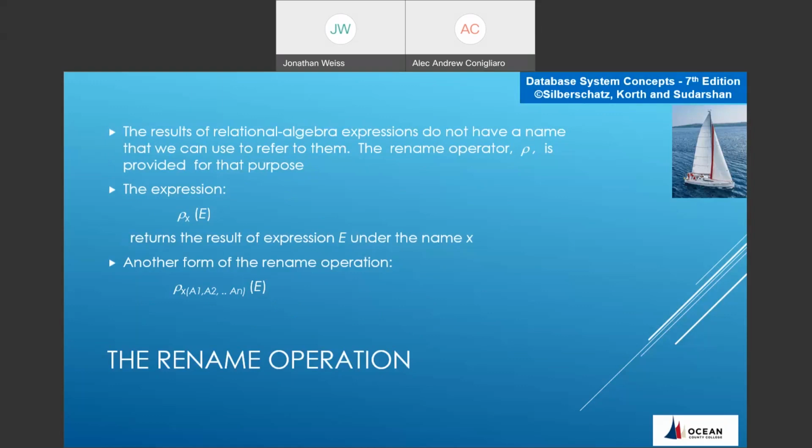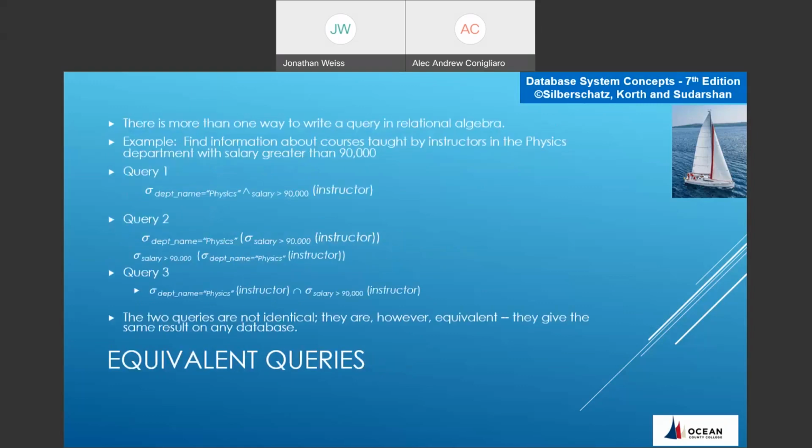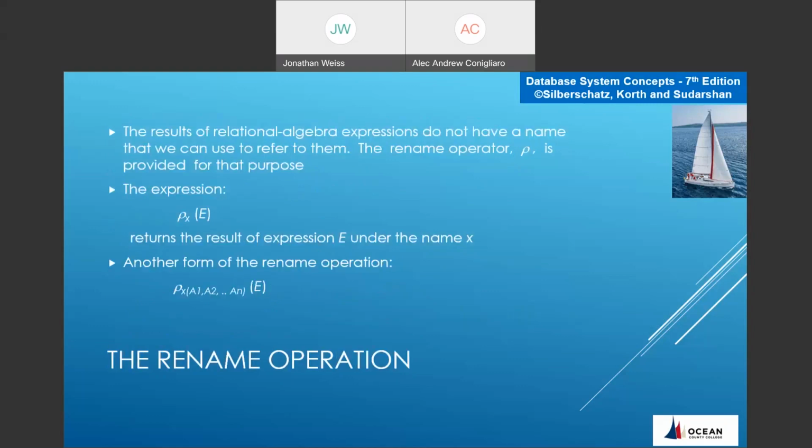So we have a rename operation where, if this expression returns a set of attributes, the rename operation will rename those attributes, whatever we list here. So let's see an example of that. Oh, no, we don't have an example of that. All right, I'll give an example of that.